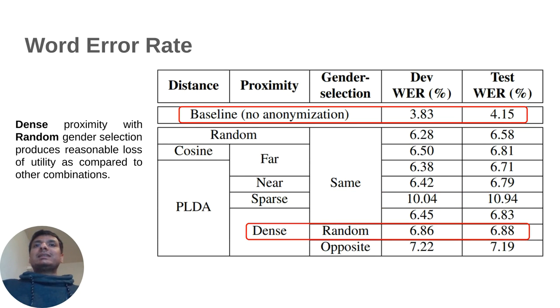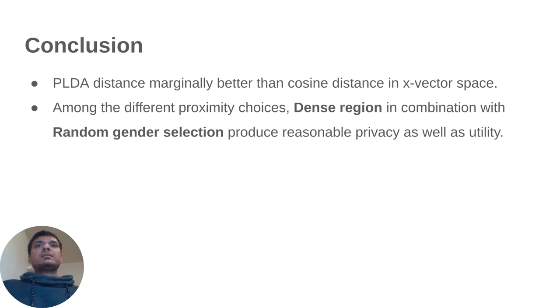While you can see that the dense proximity and random gender gives us quite reasonable results in terms of utility. Hence, finally, we may conclude that PLDA distance is marginally better than cosine distance in X vector space. And when we map the target pseudo speakers in dense region in combination with random gender selection, we obtain quite reasonable privacy as well as utility.